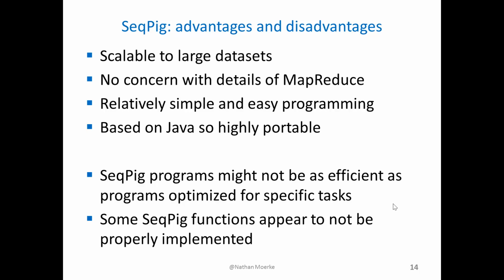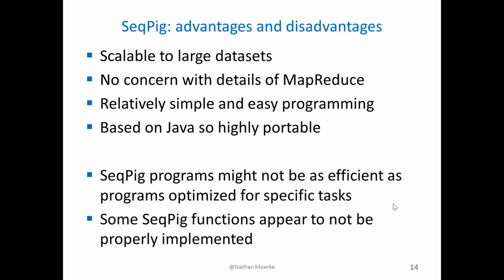SeqPig does unfortunately have some disadvantages as well. Because SeqPig uses very generic MapReduce algorithms that aren't optimized for a specific task, it might not be as efficient and fast as other bioinformatics programs which have been developed and optimized for very specific tasks in DNA sequence analysis.